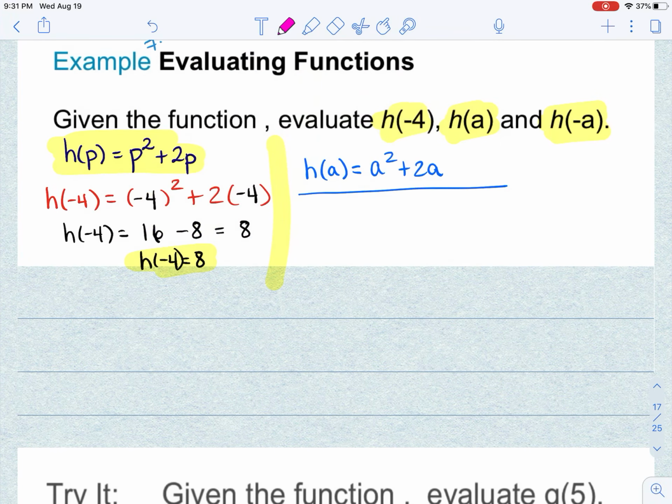All right, so let's look at the last one, h of negative A, and we have negative A replacing the p. So h of negative A is equal to negative A squared, which would be A squared, because negative times negative is a positive, plus 2 times negative A, which would be negative 2A.